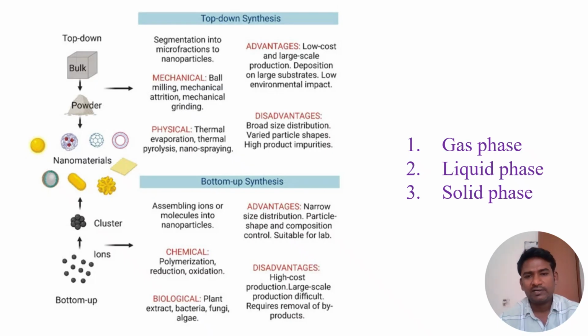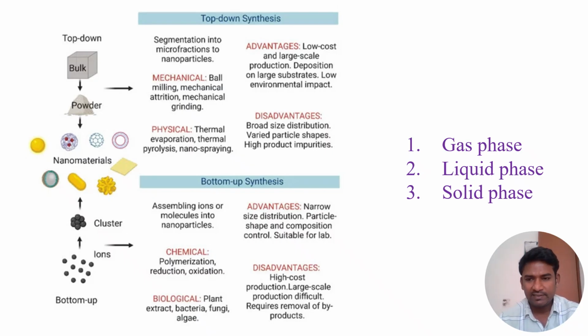Now, the advantages. The most important advantage is that through the bottom-up approach, we can synthesize narrow size distributions. Particle shape and composition control is quite possible here, and it is very much suitable for lab scale. The disadvantage is that it is highly costly, it is not a cost effective method, large scale production is quite difficult, and it requires removal of byproducts.